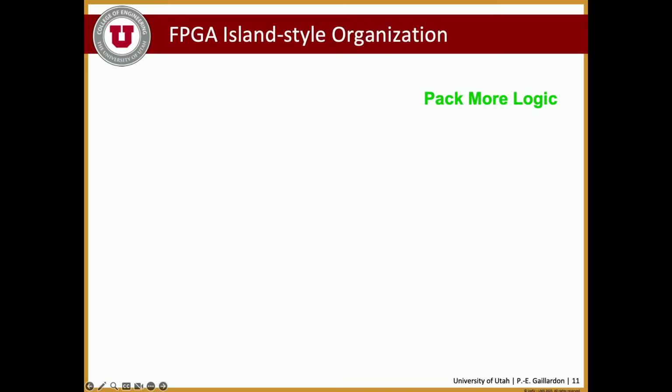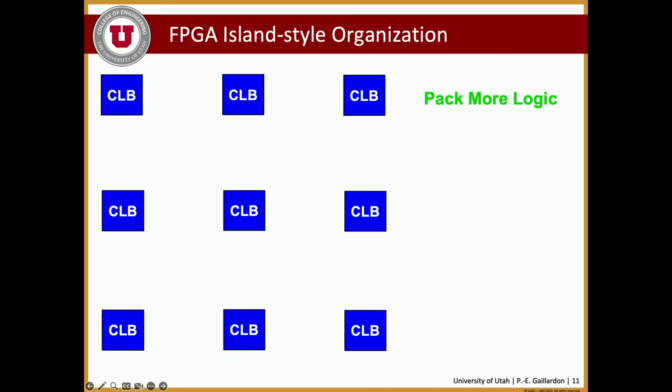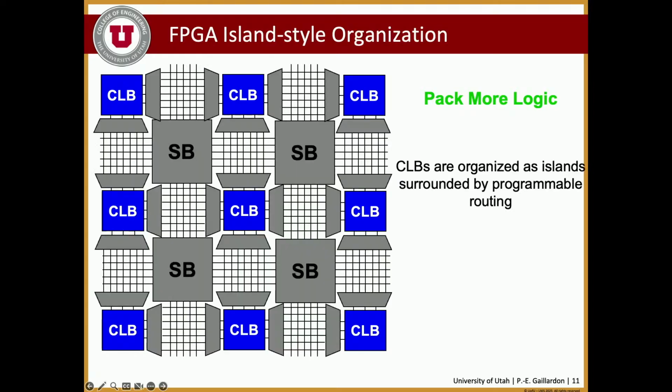With the island-style organization, we'll be able to pack more logic. So you just put an array of logic blocks, and in between these logic blocks, you surround them with programmable routing.